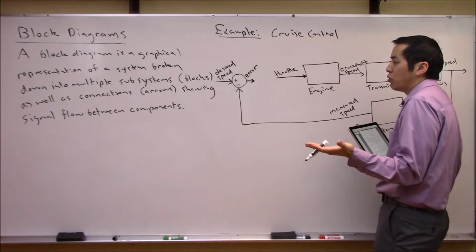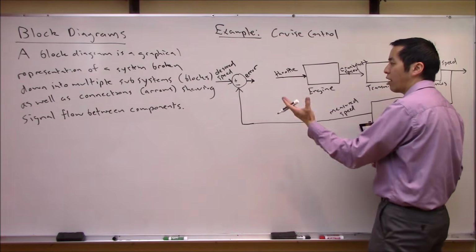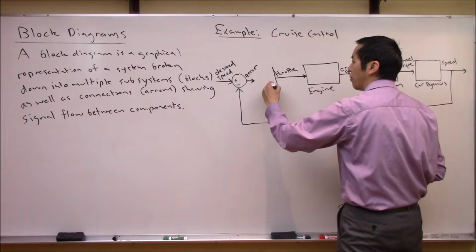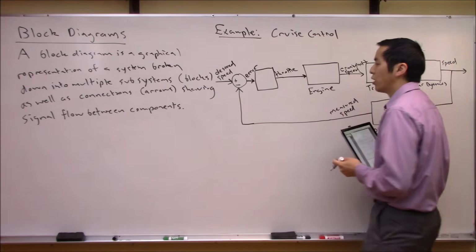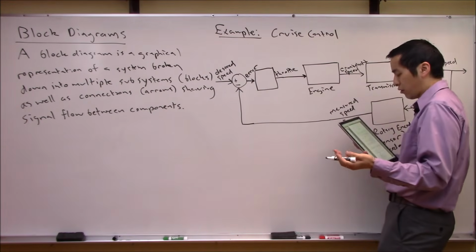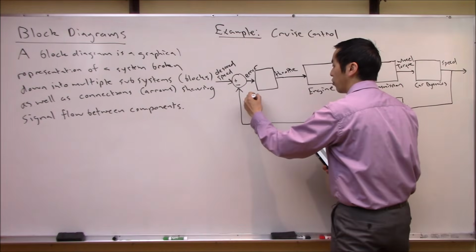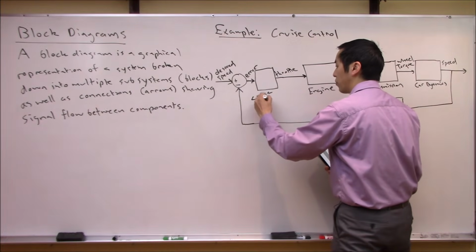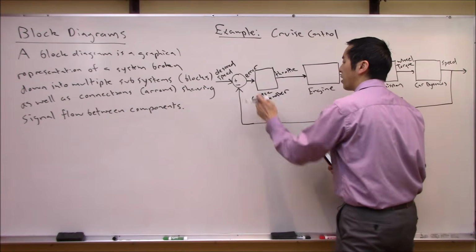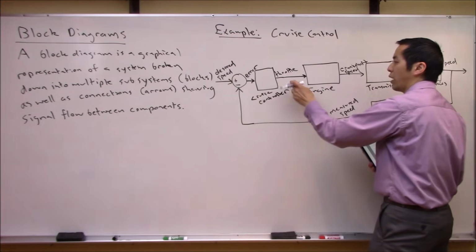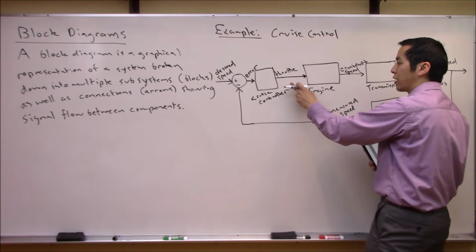And with a cruise controller, you're going to feed that error signal into some computer on board your car, which is effectively your cruise controller. So this is your cruise controller, because depending on whether you're going too fast or too slow, it would actuate the throttle appropriately.